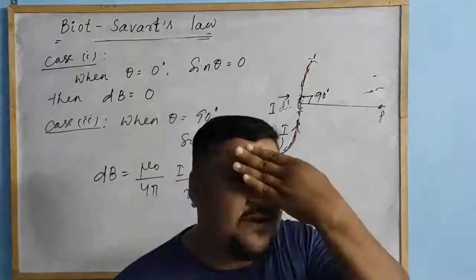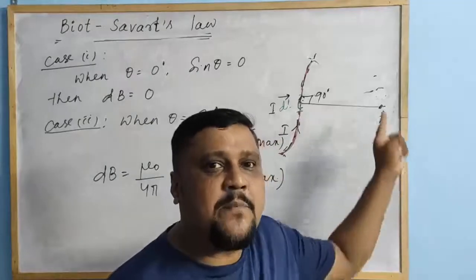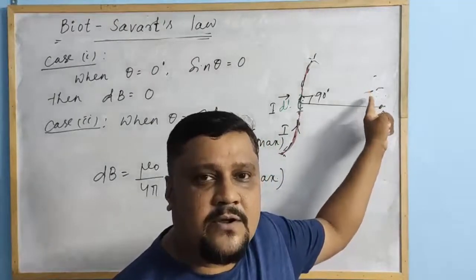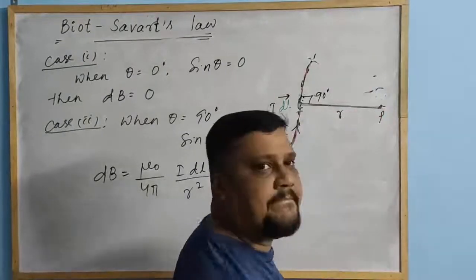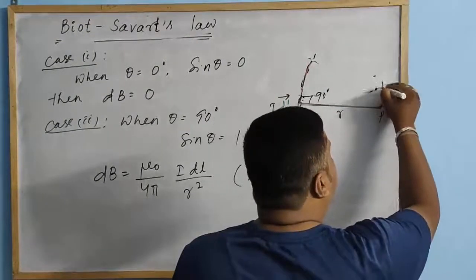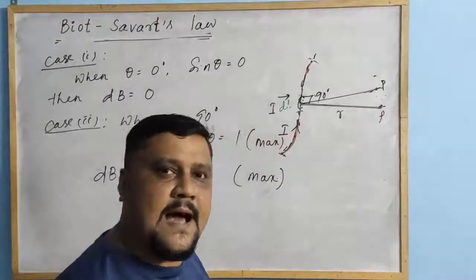So what conclusion do you get here? The strength of the magnetic field is different for different points around the conductor. Suppose this is r, the same r, and here is the point P, also at the same r.